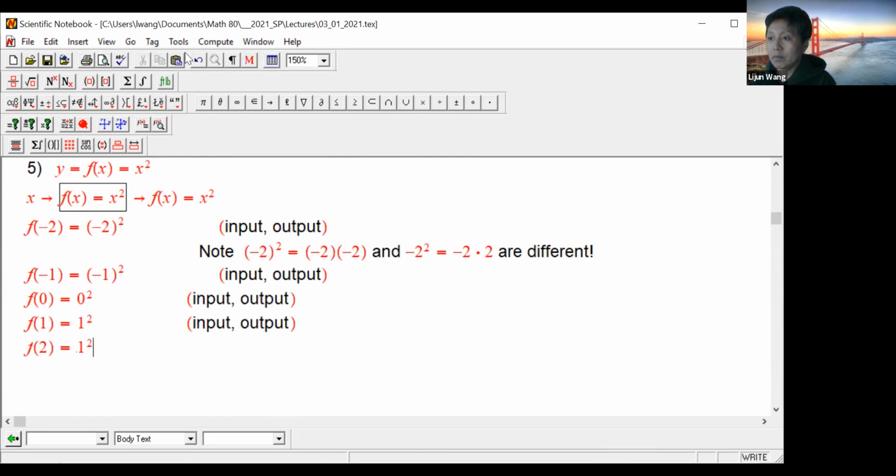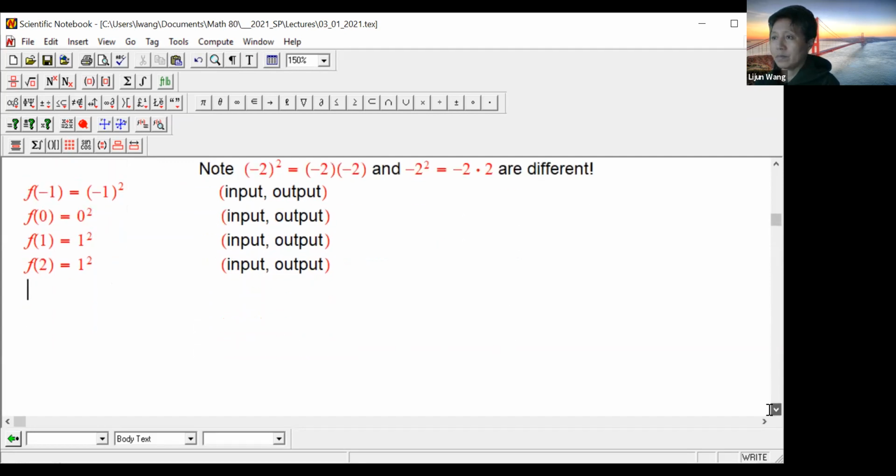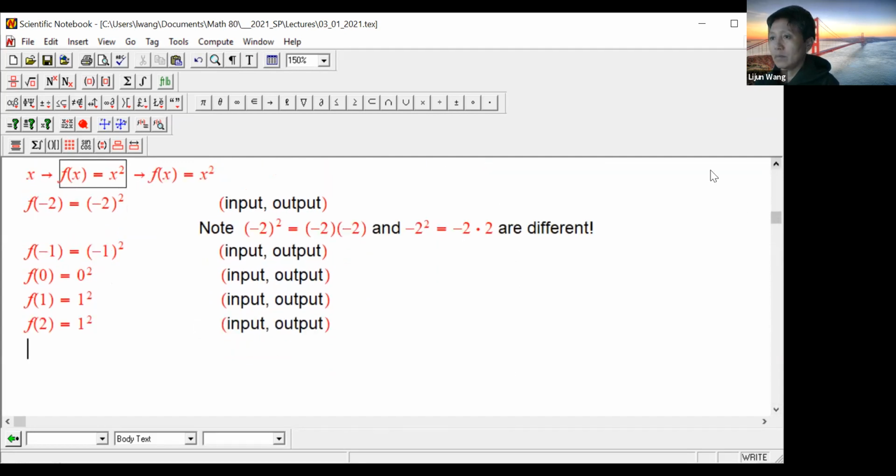And then you connect the dots. Make the points, and we connect the dots. Are you guys there?